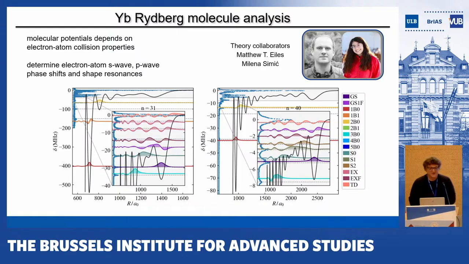And we cannot do this anymore, but with the help of collaborators, Matt Iles and Milena Simic, who are experts on physical chemistry, we have been hard at work trying to really understand all the details of this physical chemistry.